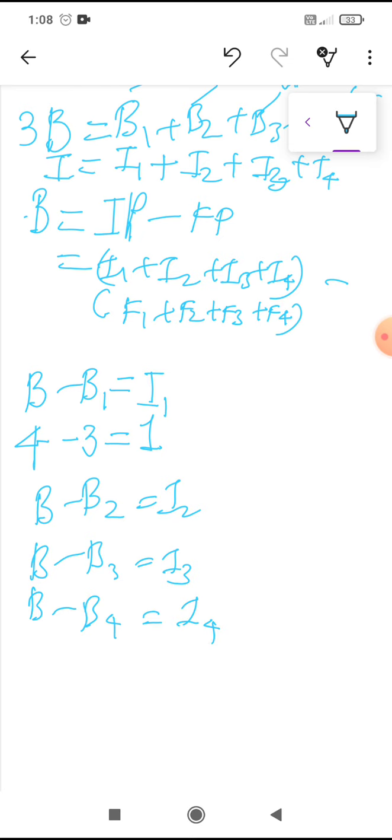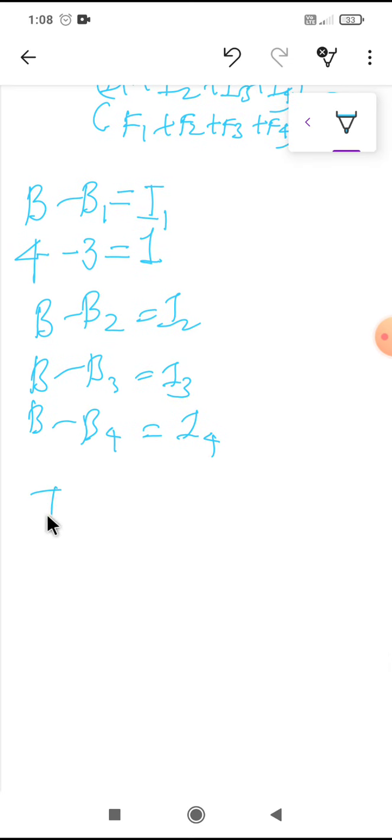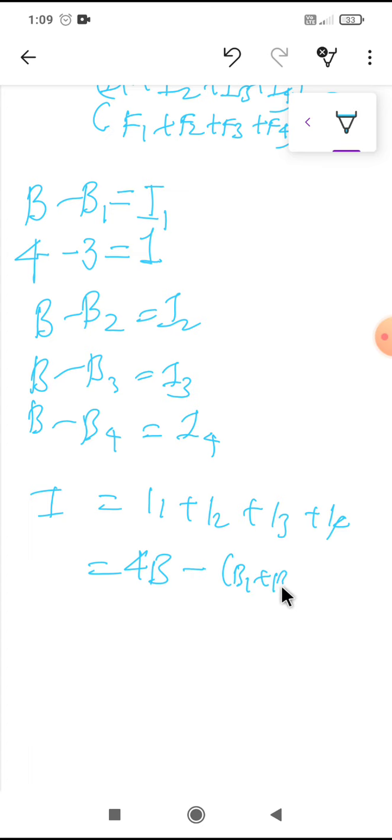If I add all the equations, I is equal to I1 plus I2 plus I3 plus I4, so we get 4B minus (B1 plus B2 plus B3 plus B4).